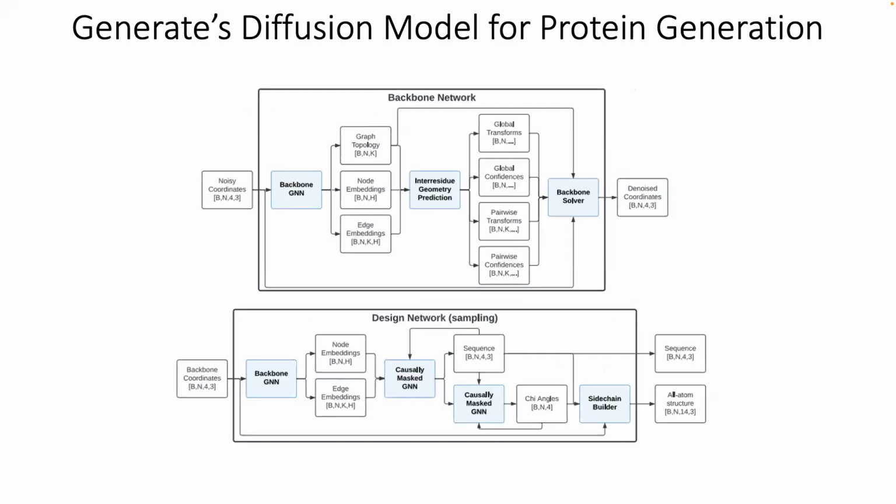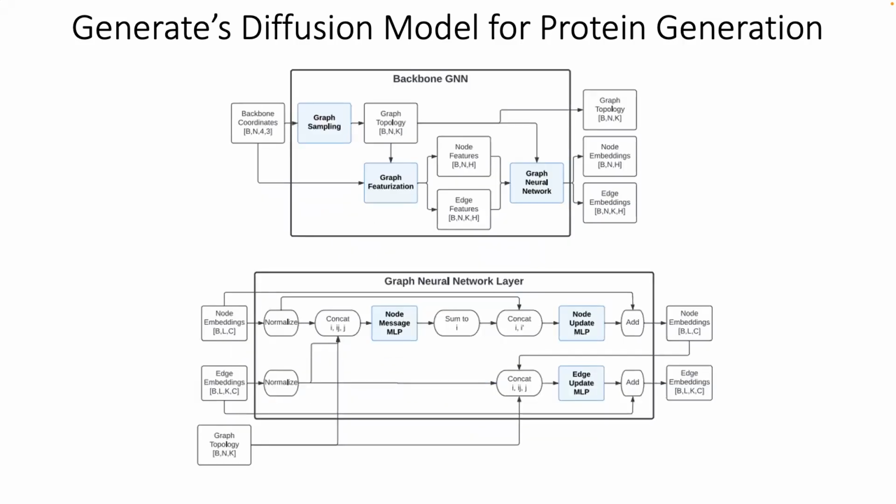But essentially using that, they have one network that's capable of generating new backbones, and they have one capable of taking in backbone coordinates and coming up with sequence as well as the rest of the atoms. And so placement of sidechain atoms plus you determine the sequence. So those all happen at this design stage.